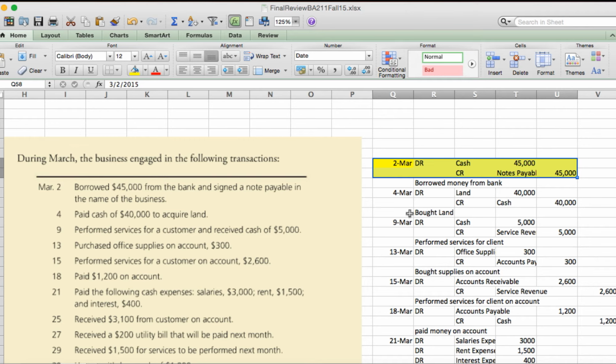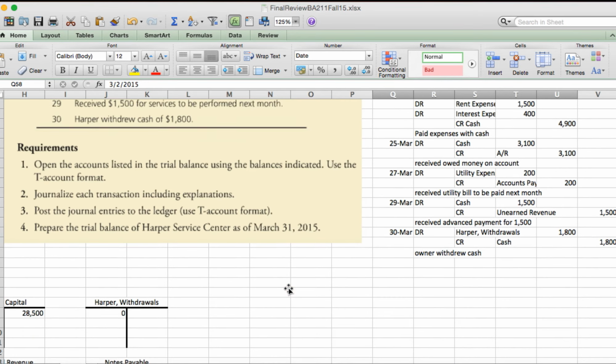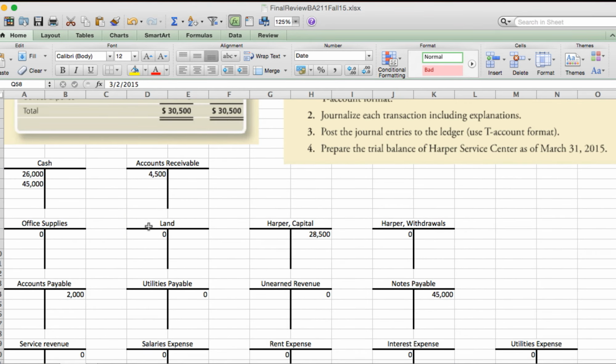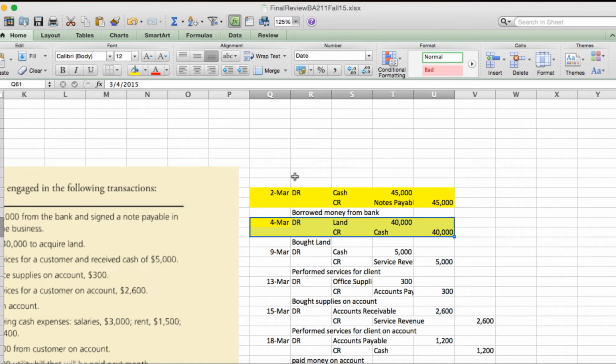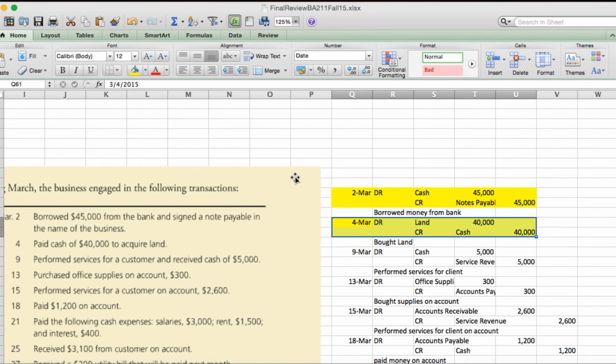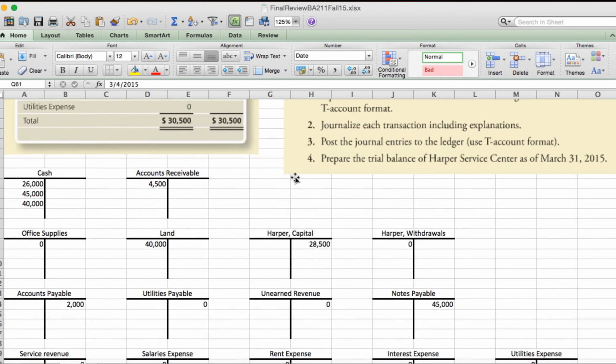So next, debit land 40,000, credit cash 40,000. Okay, next, debit cash 5,000, credit service revenue 5,000.